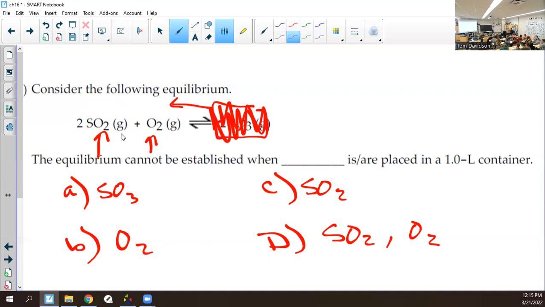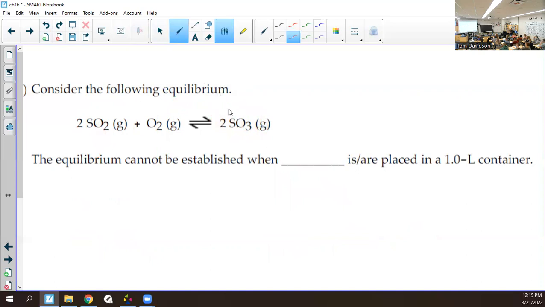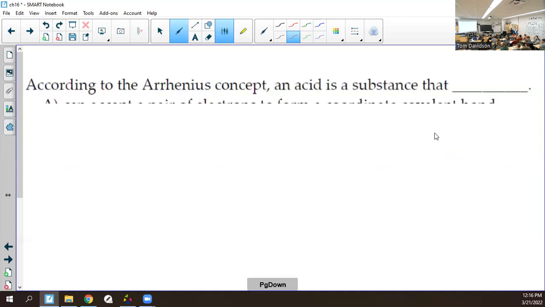What it's trying to get you to demonstrate is that equilibrium can be reached from just a product breaking apart back to the reactants. If you just put SO2 in, it won't happen. If you just put in O2, it won't happen. But if you put SO3 in, it will happen.